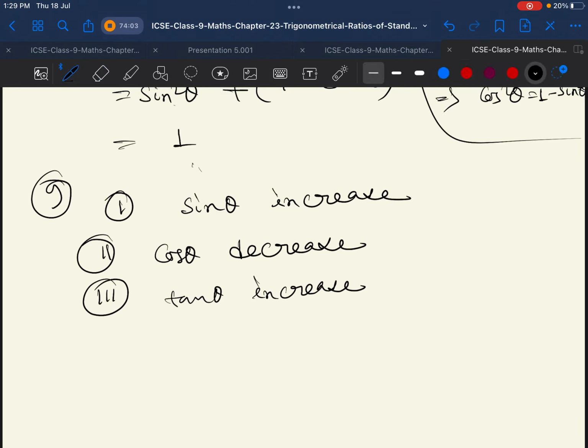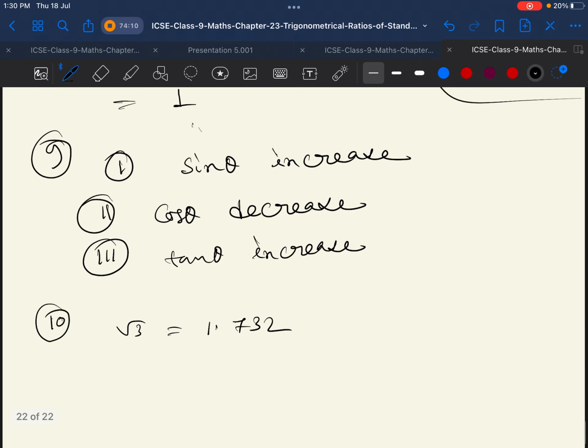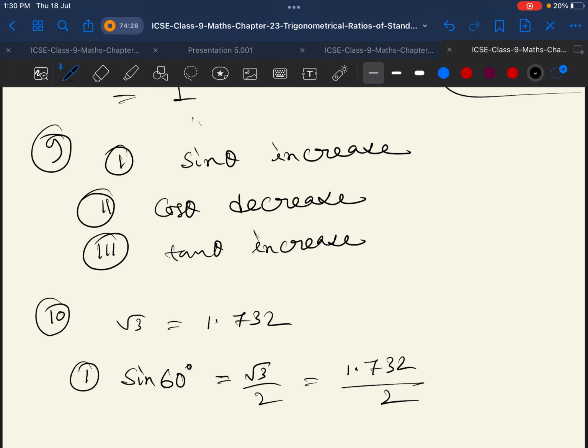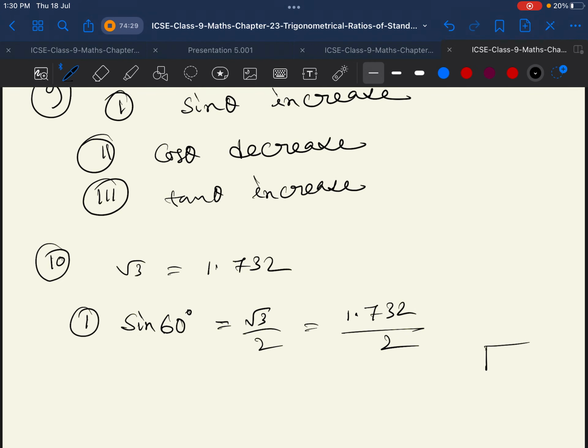If root 3 is 1.732, find the value of each of the following. First, sin 60 degrees. We know sin 60 is root 3 by 2. So now we put the value of root 3, 1.732 by 2. Now we divide 1.732 by 2.